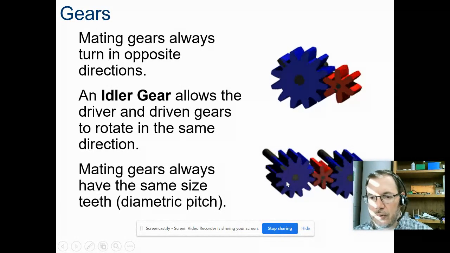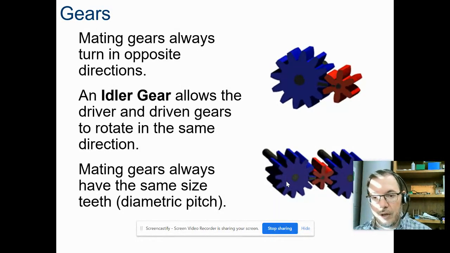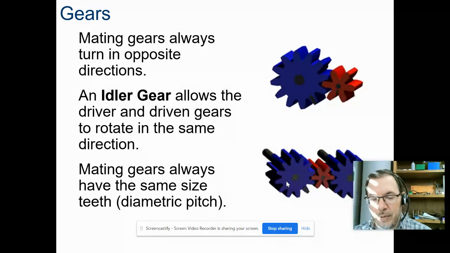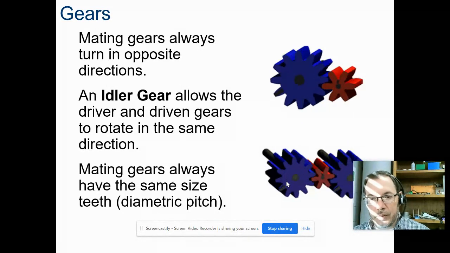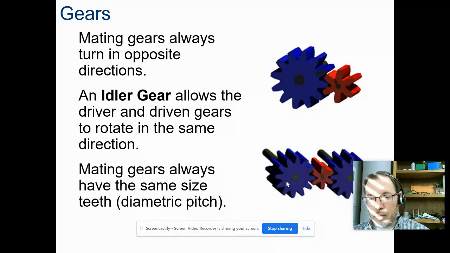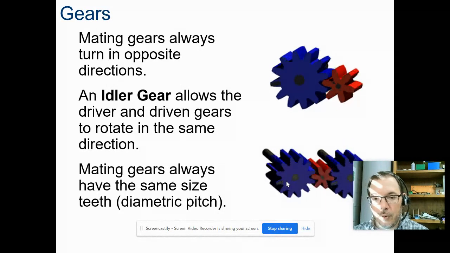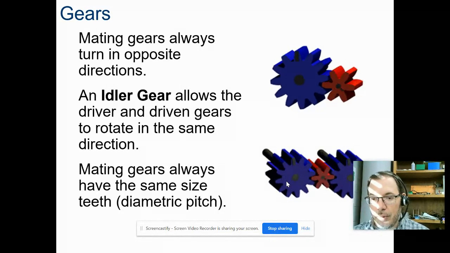One other thing you might see with an idler gear is that it's just there to provide some distance. So maybe my input and my output need to be separated by a certain length in my mechanism, and I don't want to use really large gears to make my mechanism. So an idler gear, or maybe even more than one idler gear, would be one way to transfer that motion over a greater distance.